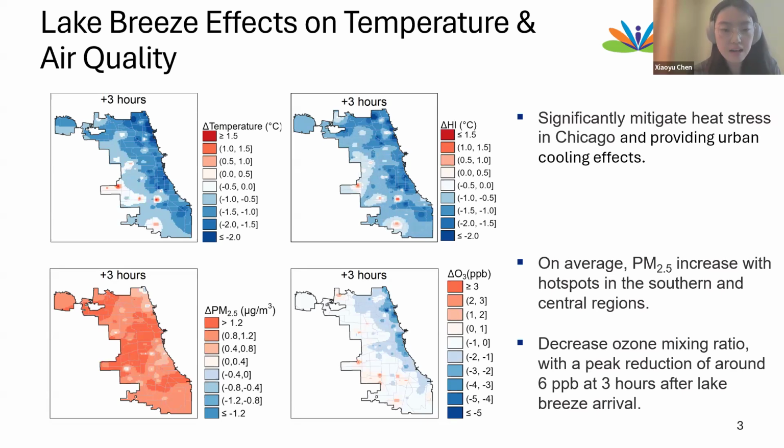But we can still find an explanation for this situation. For the ozone, it's because of the severe local emissions, the severe local pollutants in the ozone mixing ratio. So the cleaner lake breeze will bring cleaner air into the city and dilute the ozone mixing ratio. Finally, it will make the air quality better.